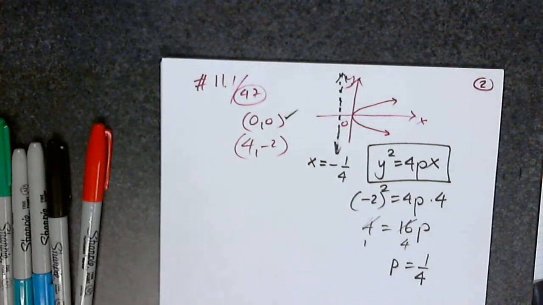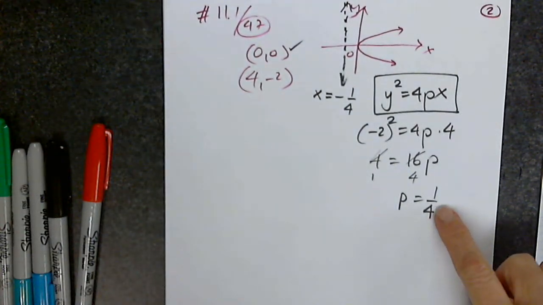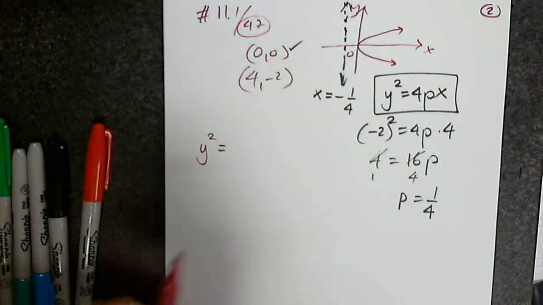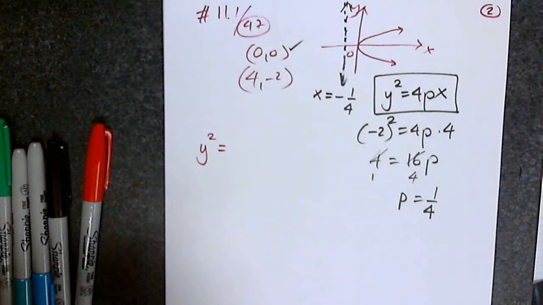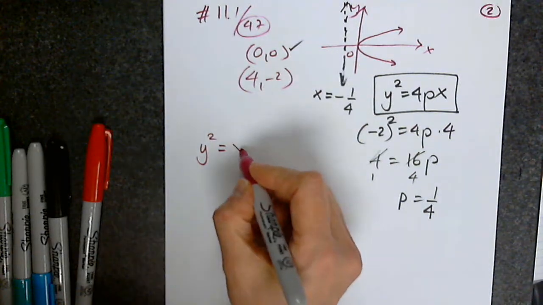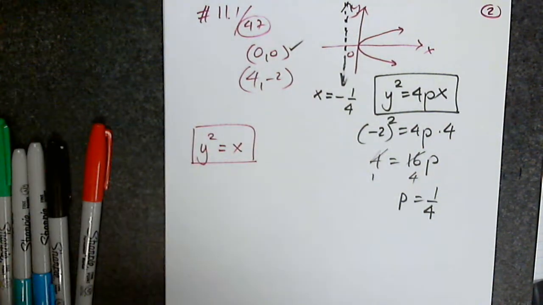Awesome. Determining p is sufficient to determine the parabola. All I have to do is just plug it back in. So it appears that the equation is y squared equals 4 times 1/4, which is 1, and x. Very good.